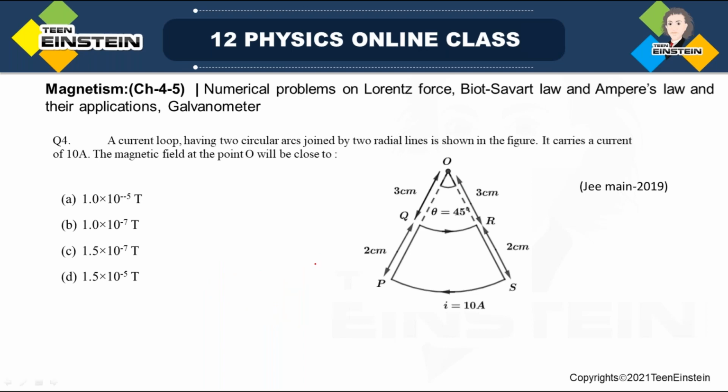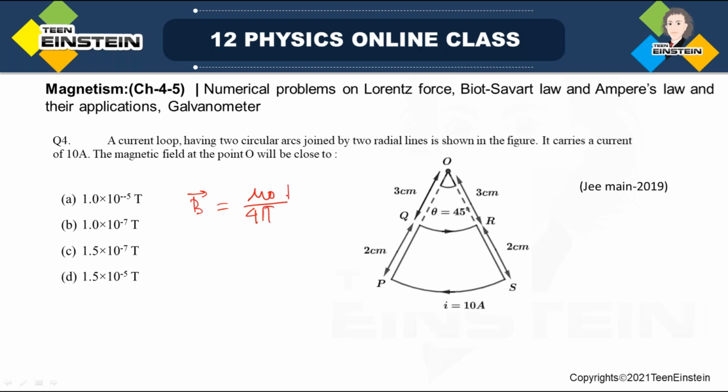Now we will be using Biot-Savart's law. See, the magnetic field for any current element can be obtained as B is equal to mu0 by 4 pi into I dl sine theta by r square.